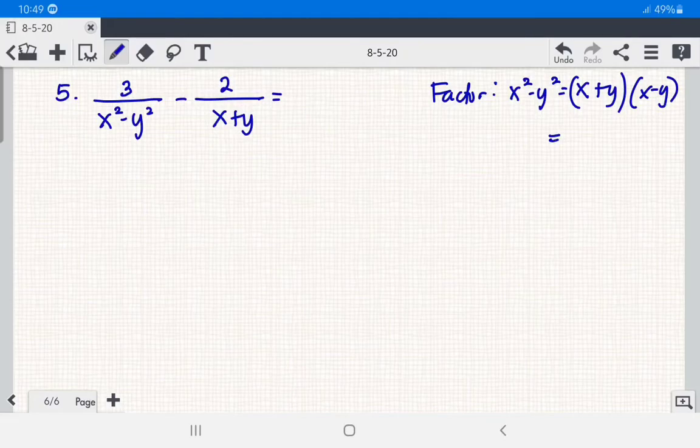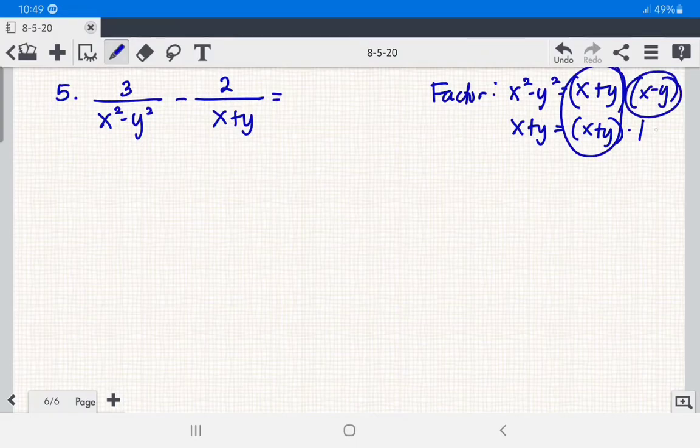So, factors are the sum and difference of the square root of the first and then the second term. Then, for the second denominator, we have x plus y, that is equal to x plus y times 1, right? So, for the LCD, common factor is x plus y, and then unique factor is x minus y.